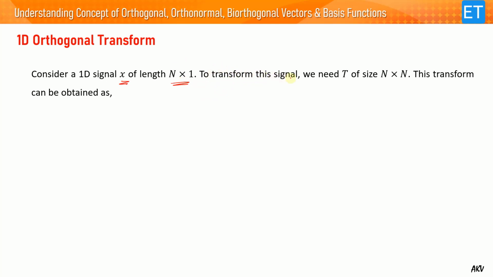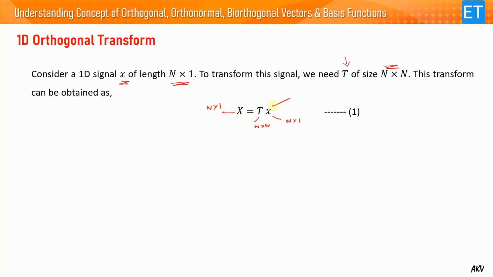To transform this signal, you need a transformation matrix T of size n by n. That is a required condition, okay? So this transform can be obtained by this equation. This is your column matrix n by 1, and this is your n by n transformation matrix. So X is also your n by 1 matrix.